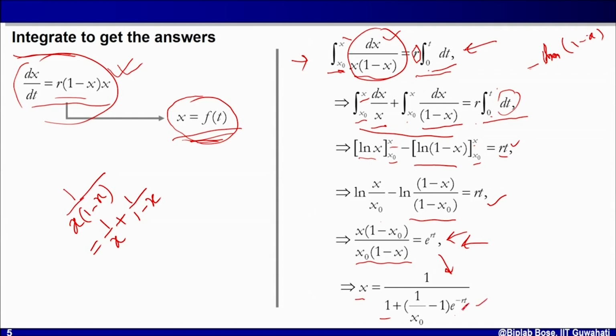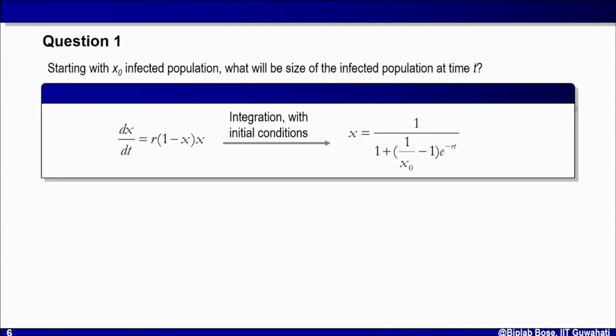So we have x on the left hand side and time on the right hand side. r that is here in this exponent is a constant, it's a rate constant. x naught is also a constant because you have decided at the very beginning that x naught is the initial population size which is infected, or the fraction of the population that is infected. So once I have an ODE, that is my model, I have integrated that with initial conditions.